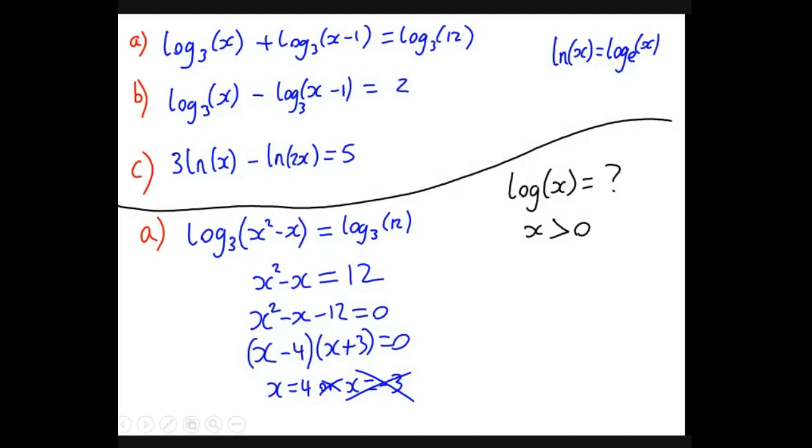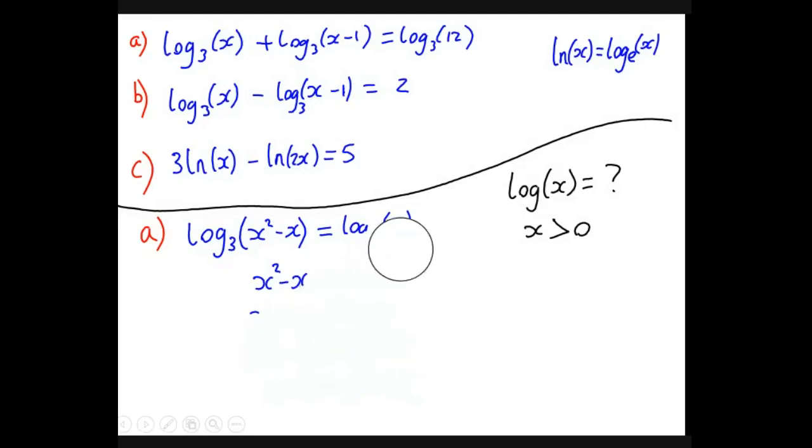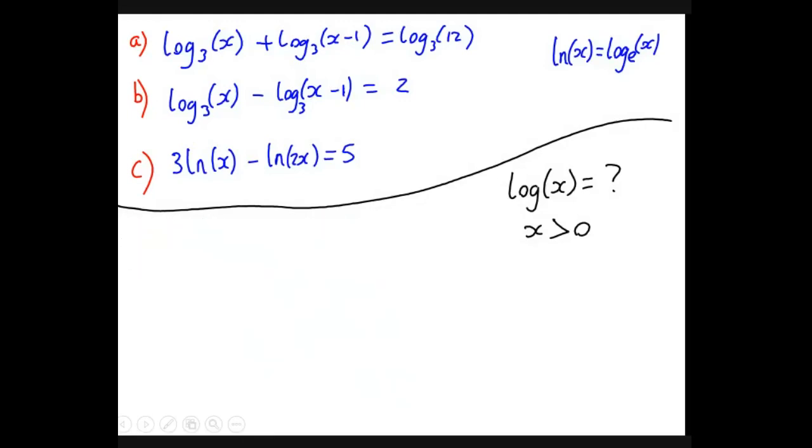Any takers for the second one then? I've done most of it, but I haven't done all of it. So I started with log base 3 of x squared minus x equals 2.